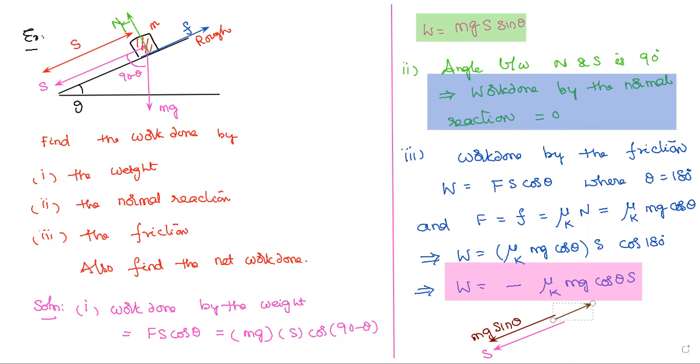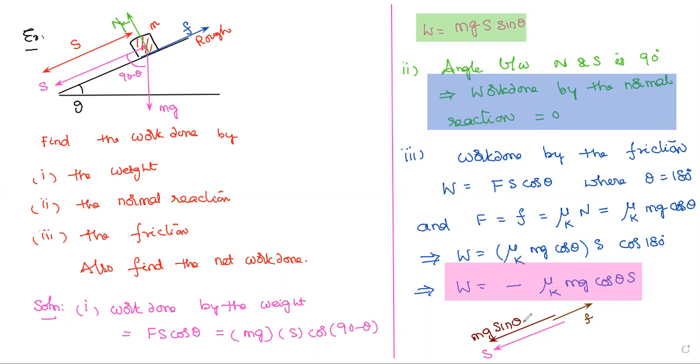And the third one, which is not equal to 0, is the friction. So net work done means the work done by mg sin theta in the same direction plus the work done by the friction in the opposite direction. Net work done means net force into displacement.